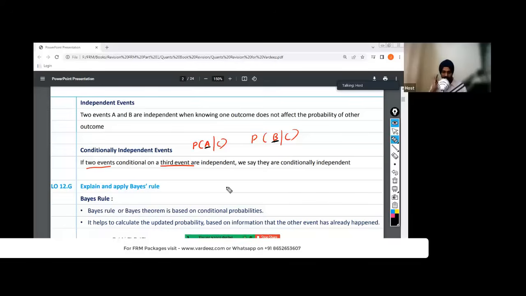And once we add another event, let's say C, then they both become independent of each other. So we added a condition and now they are independent altogether. That's what we mean by conditionally independent events.